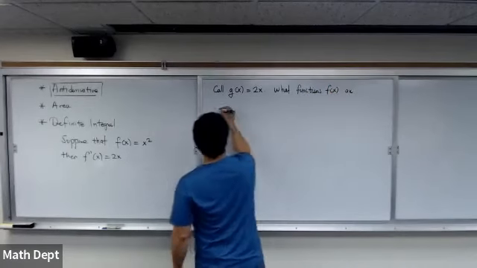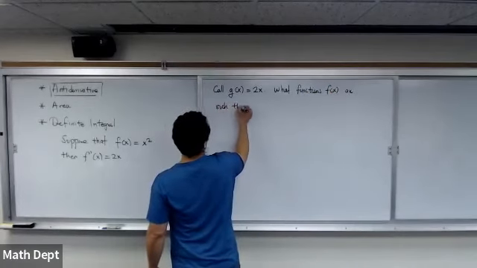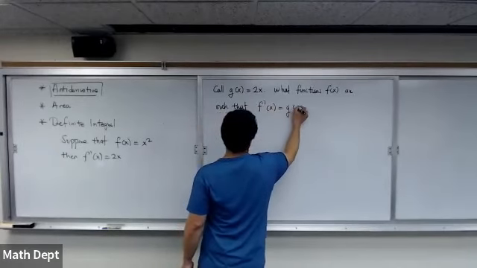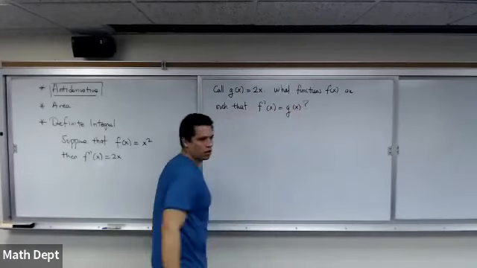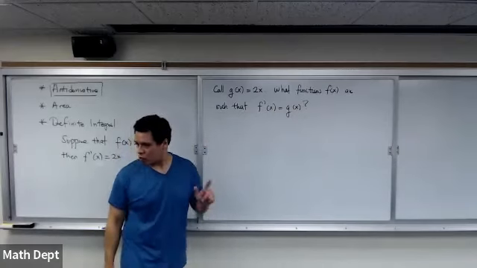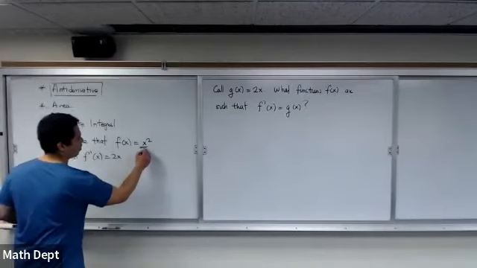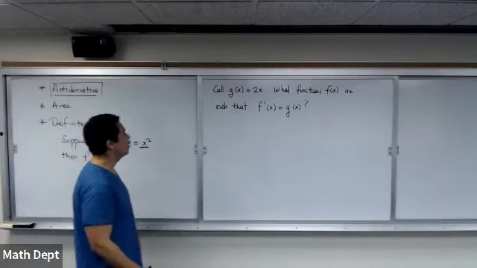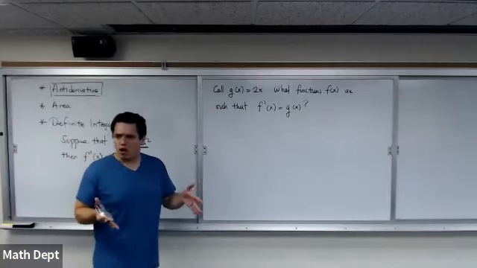Are such that f prime of x is equal to g of x. You may say, well, we already found ourselves one of them, which is this one, the quadratic function here, x squared. But are there any others?